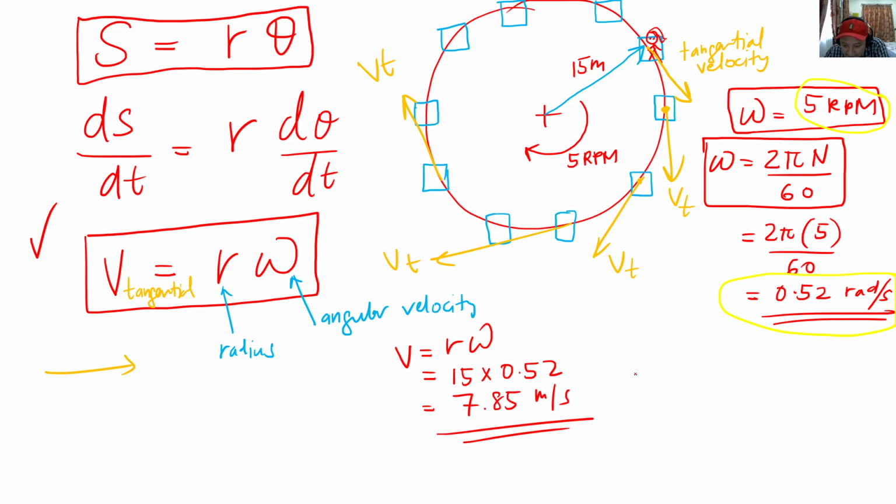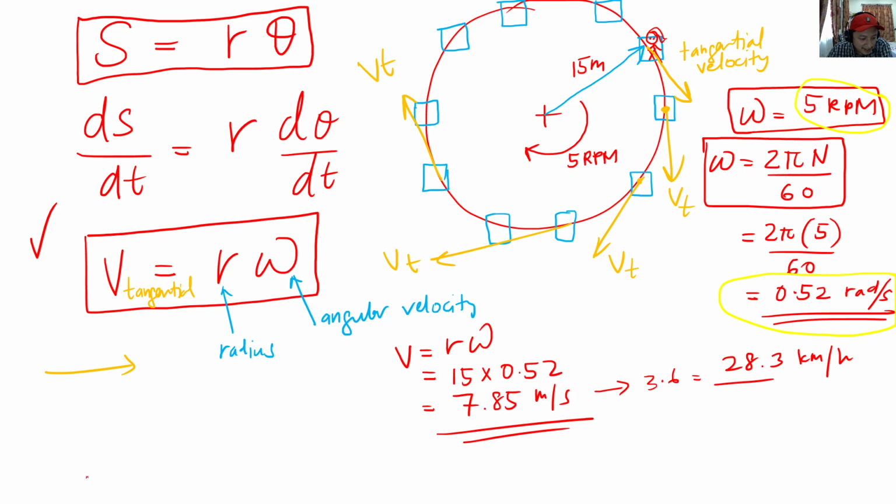If you convert this to kilometer per hour, berapa? Kali 3.6, times 3.6. 28.3 kilometer per hour. So that is your tangential velocity.